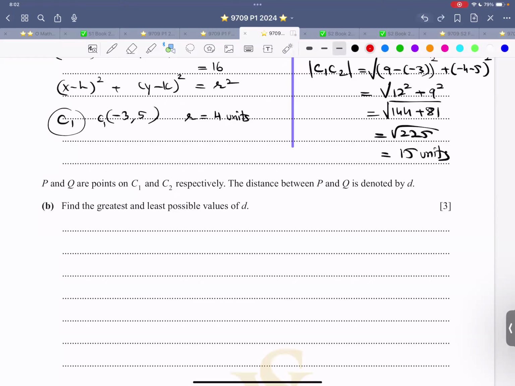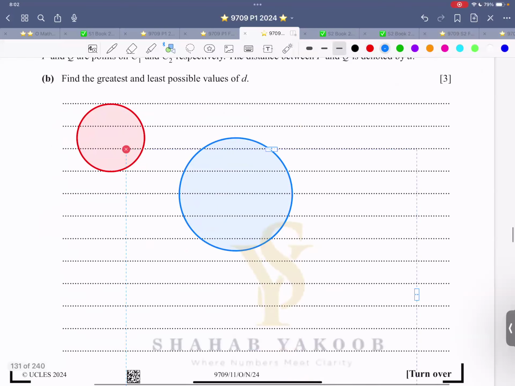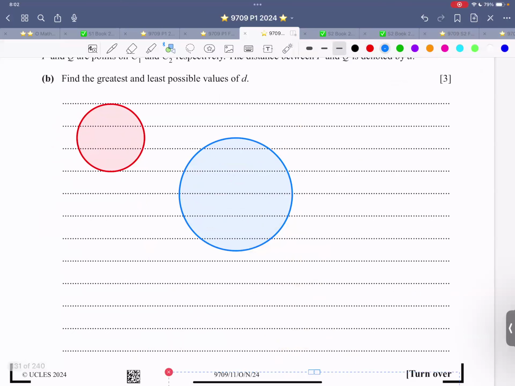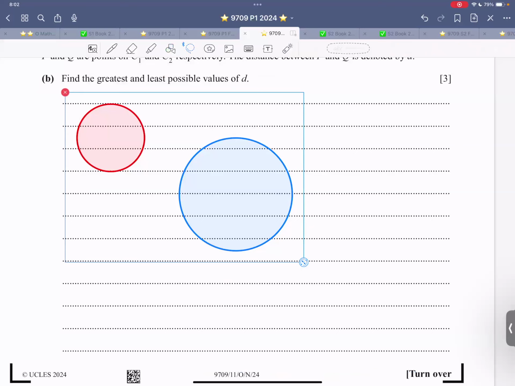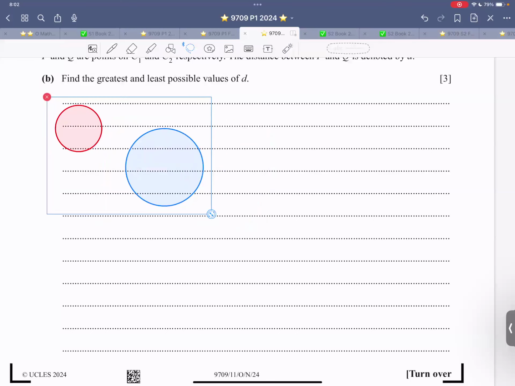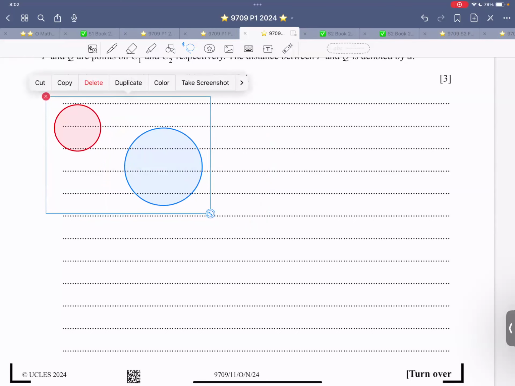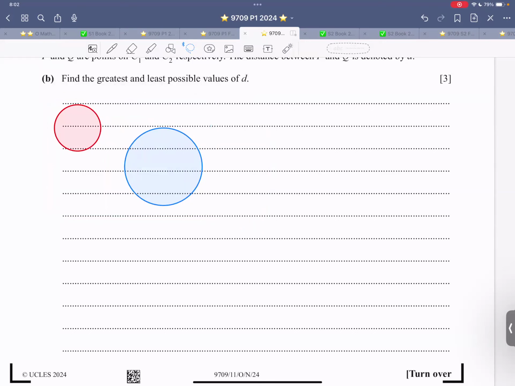That's over here. And the other circle is the big circle. That's over here. And let me just remove this thing. And just a small diagram, just to serve the purpose. Over here. Copy. And just ignore, they are not drawn to scale.